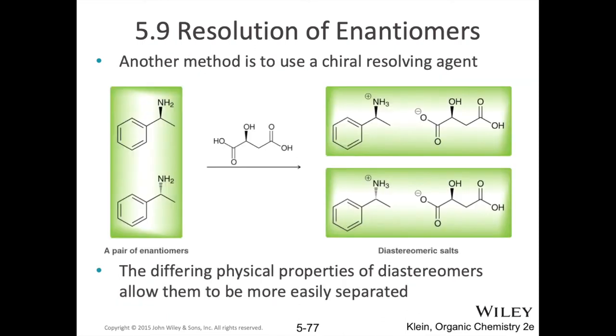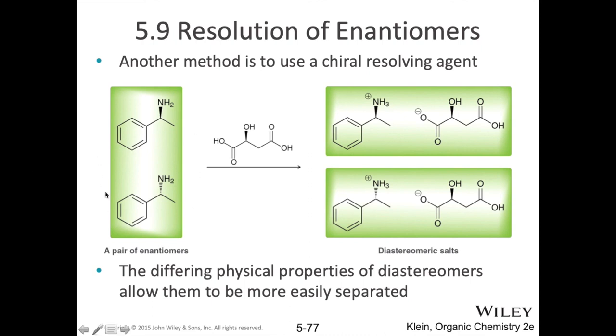So one way to do this is to use what's called a chiral resolving agent. Okay, so basically, it's piggybacking off Louis Pasteur's idea of forming the salt version of your molecule, but in this case, you're going to use a molecule that is itself chiral, and we're going to use only one enantiomer of it.